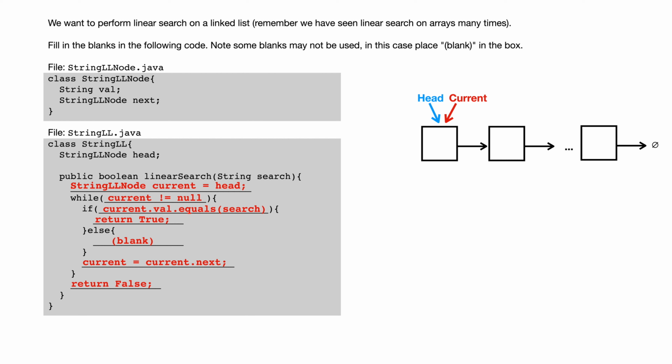So there was an alternate correct solution here where this was left blank and this was current equals current dot next.